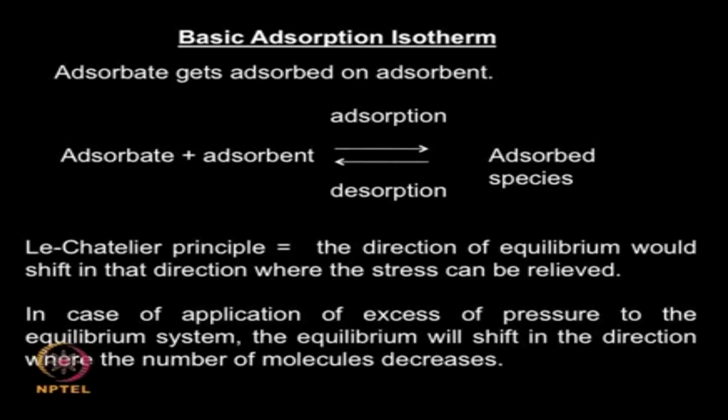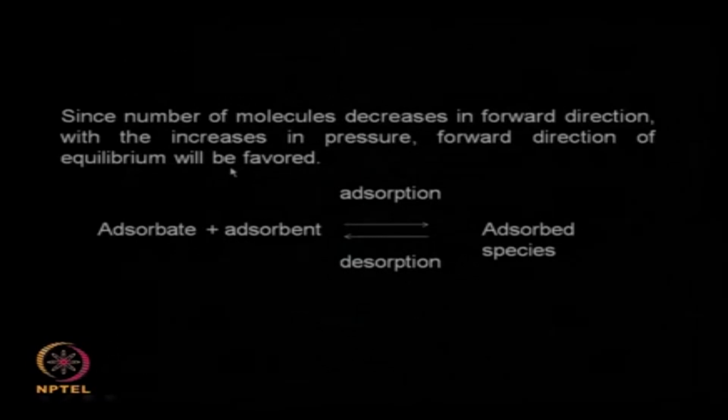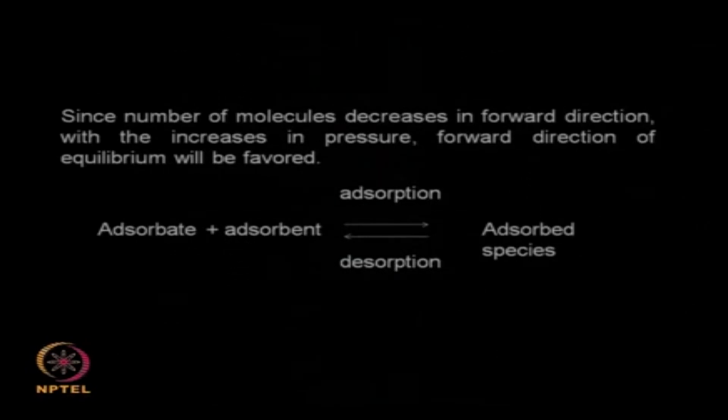So when you apply pressure, it should move in the forward direction, that means from left to right. So with increasing pressure, we will move from the left direction to the right direction. So the forward direction is favored in the equilibrium reaction. So when you decrease the pressure, the adsorbed species get desorbed.